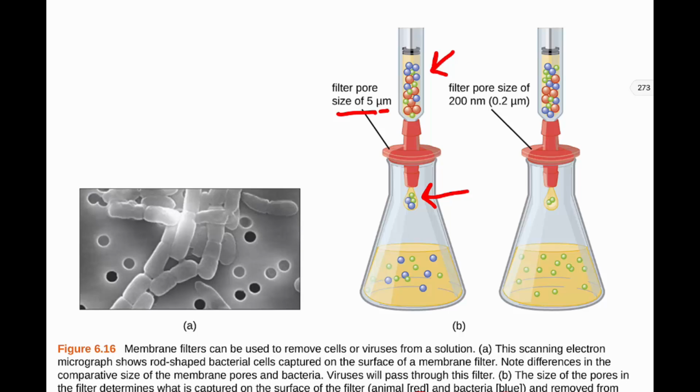And then what we get in the filtrate, the solution that comes through down here, are bacteria cells and viruses. But if we decrease that pore size to 0.2 micrometers, then we filter out the blue and the red, the animal and the bacteria. And then what we end up with are just the viruses inside of the filtrate, which is the solution that has been filtered.